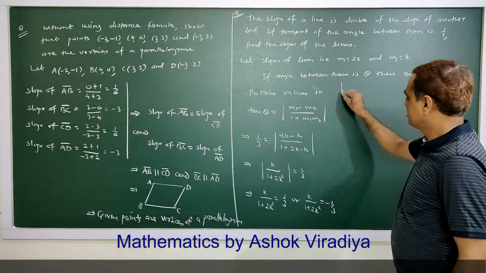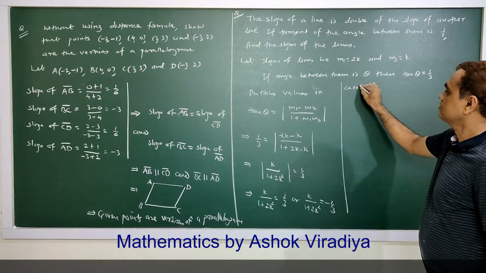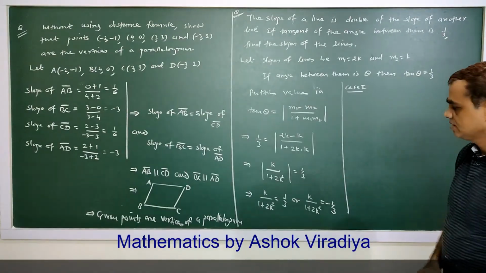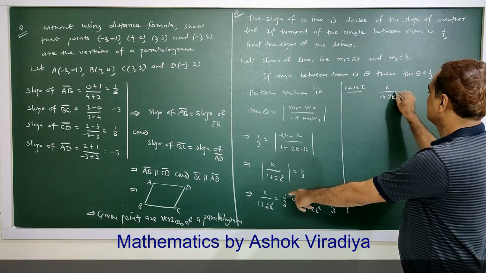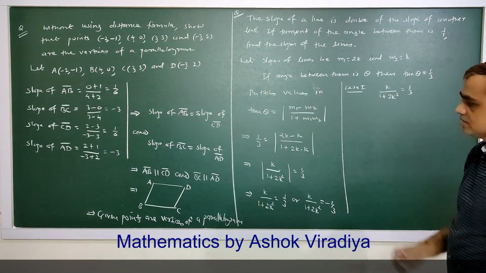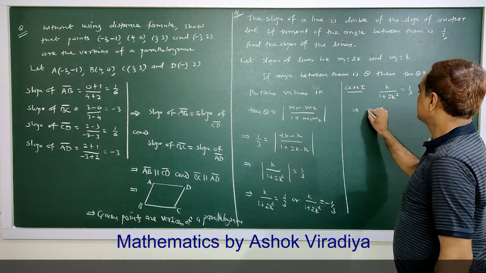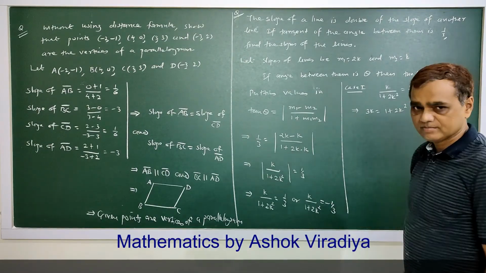So first of all, case 1: k upon (1 plus 2k square) is 1/3. Now solving this equation, 3k is 1 plus 2k square.